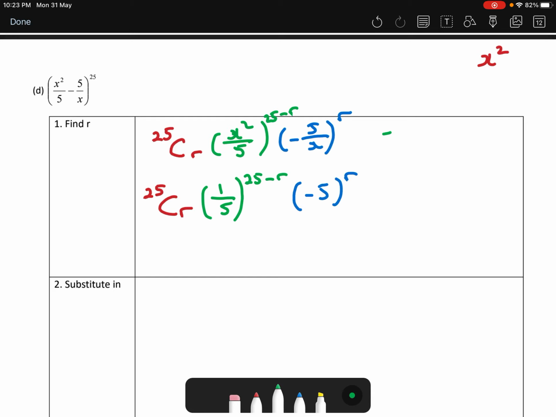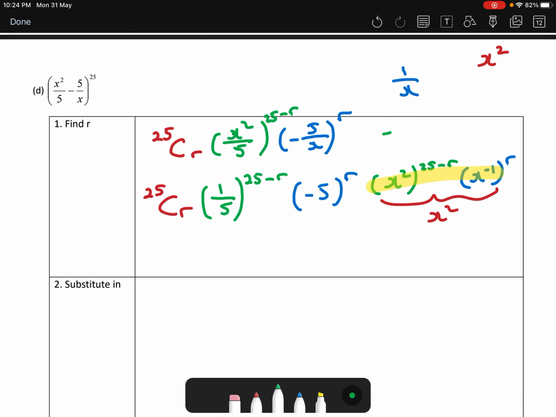Okay, then after that, all the x term we put together. X squared 25 minus r. Then after that, okay, so the fraction 1 over x here, right? We become indices. So x minus 1, then here is r. Okay, so of course the green and the blue must give me x squared term.